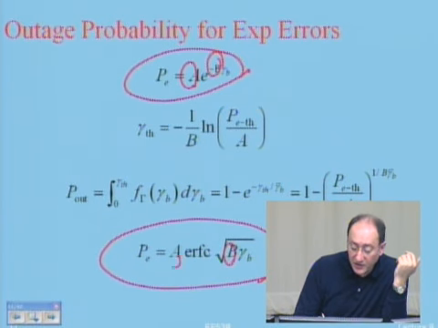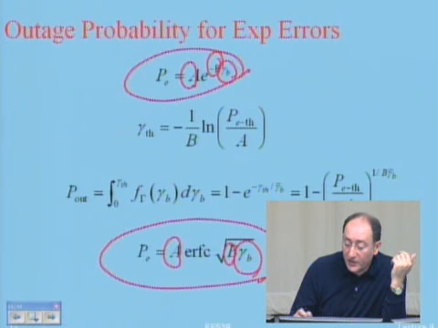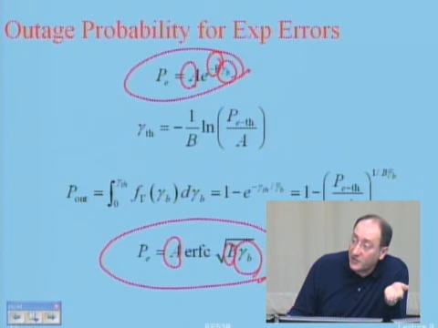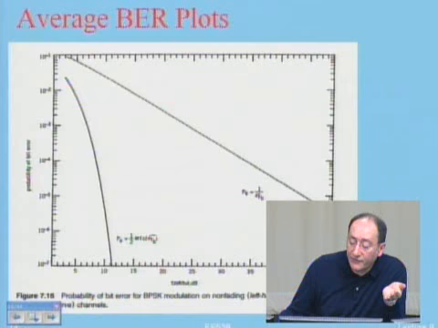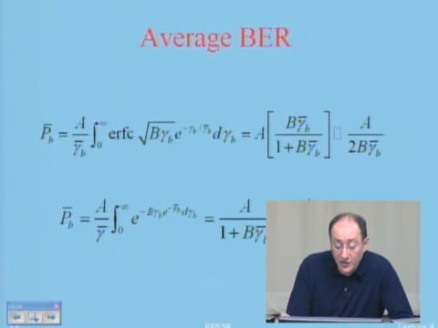Now, both of them are functions of gamma sub b. What I have to do if I want to find the average probability of error is average those over my distribution function. Okay.